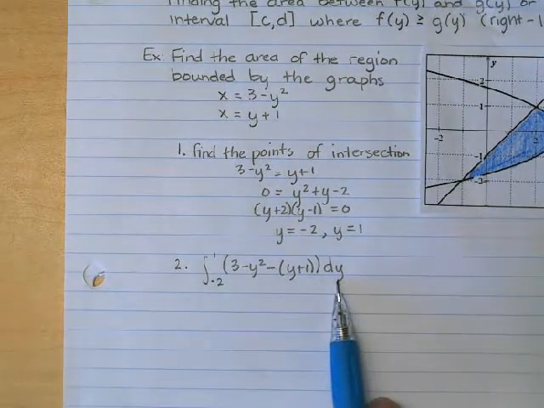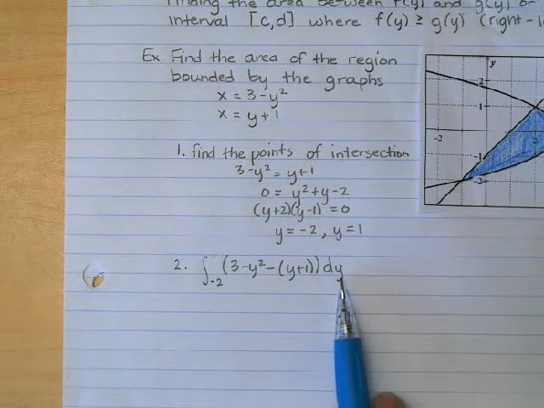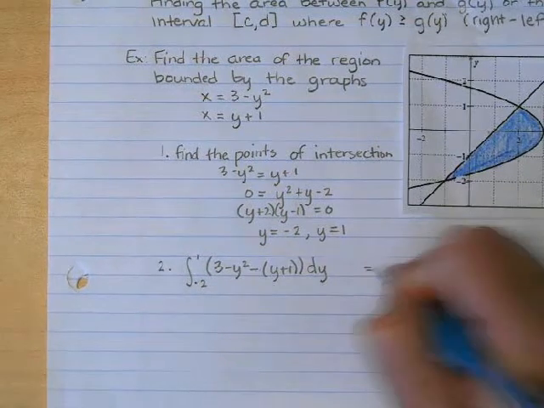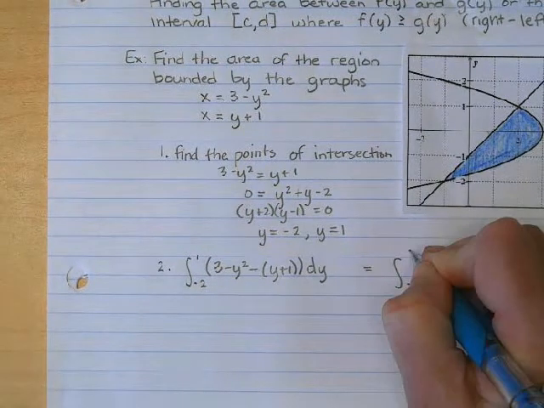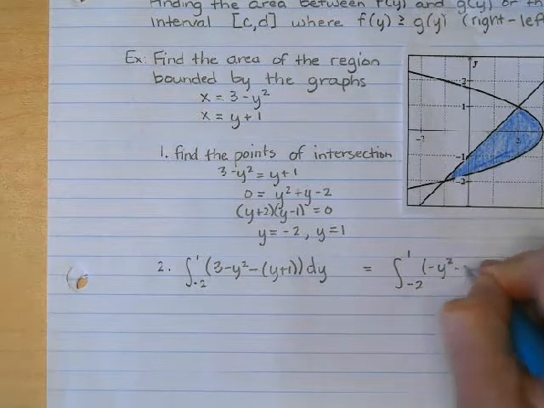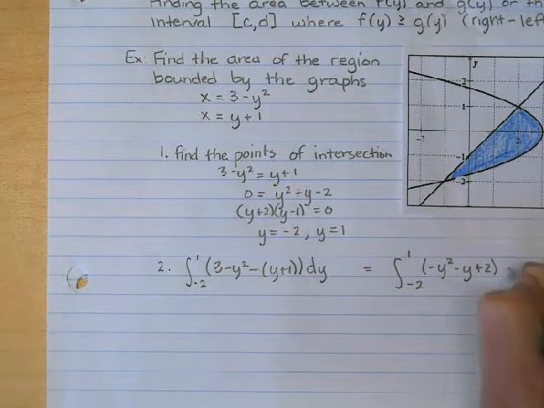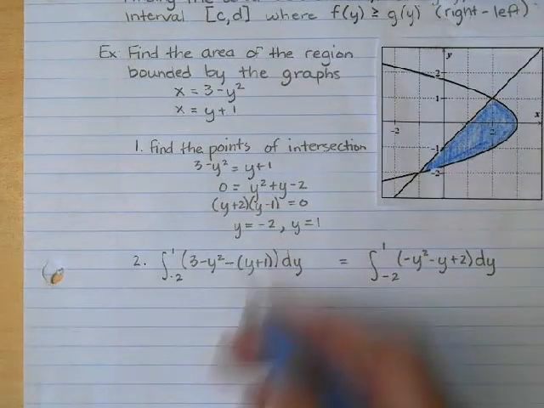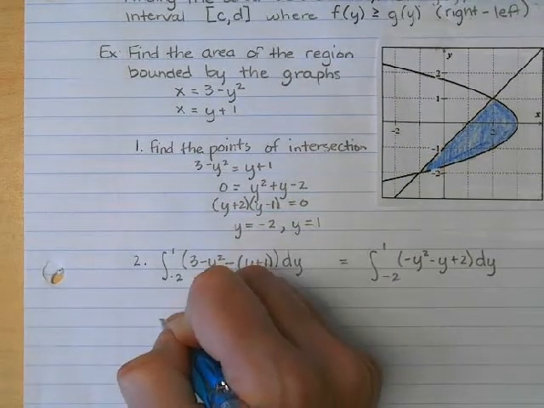Now I'm integrating with respect to y, so now I have a dy there. So that's going to equal, from negative 2 to 1 of negative y squared minus y plus 2 dy. So easy peasy lemon squeezy.